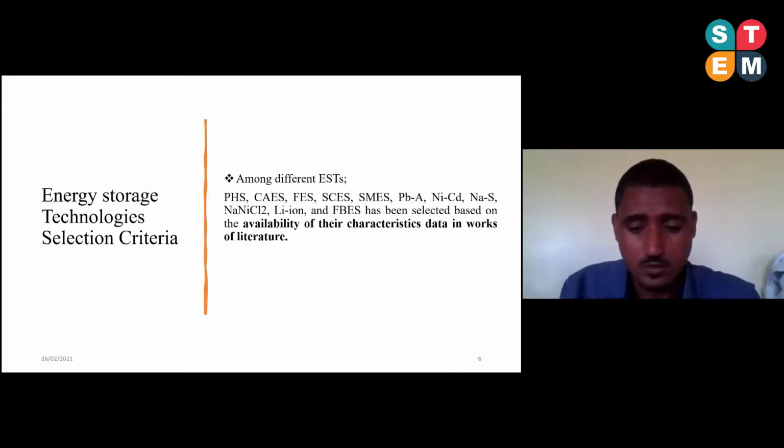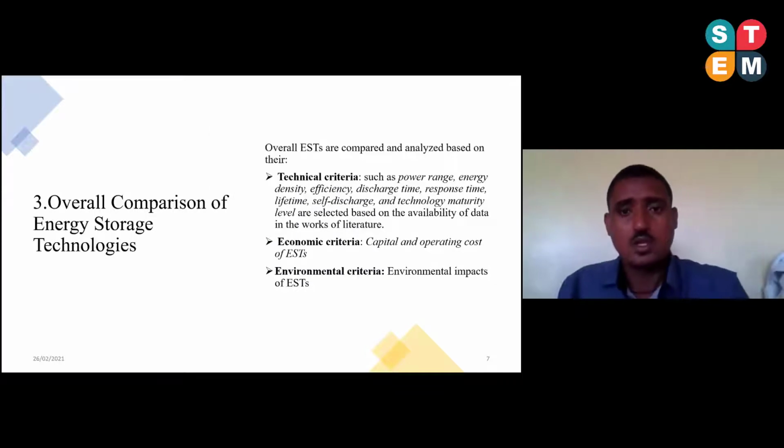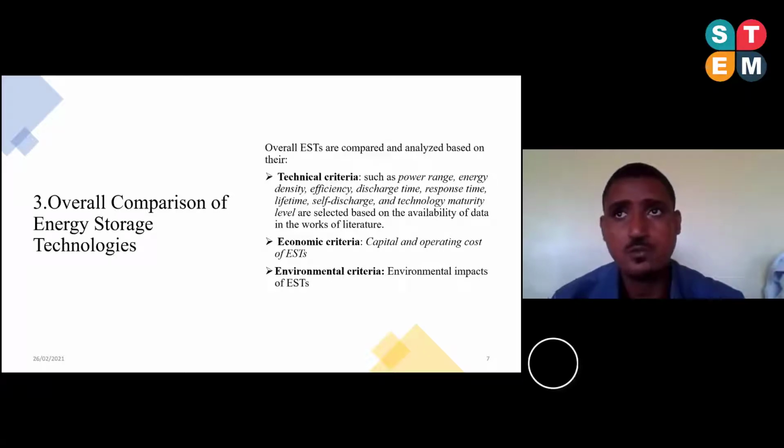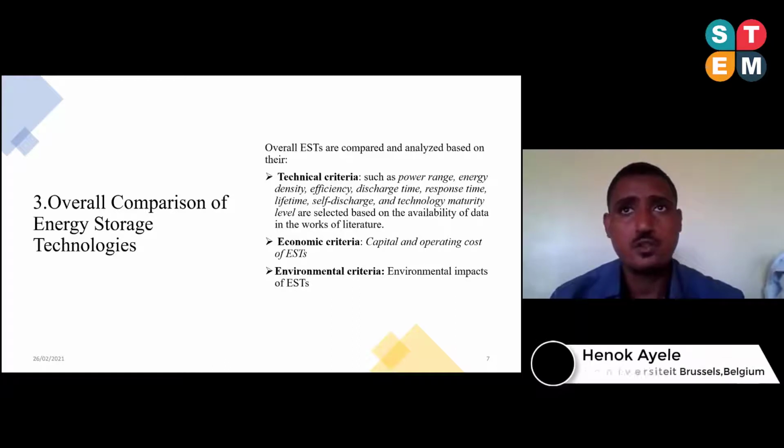These energy storage technologies are compared using the following criteria. The first one is the technical criteria, such as power range, energy density, efficiency, discharge time, response time, lifetime, self-discharge, and technology maturity level, used to compare and contrast which energy storage is suitable for the renewable energy source grid integration application case.